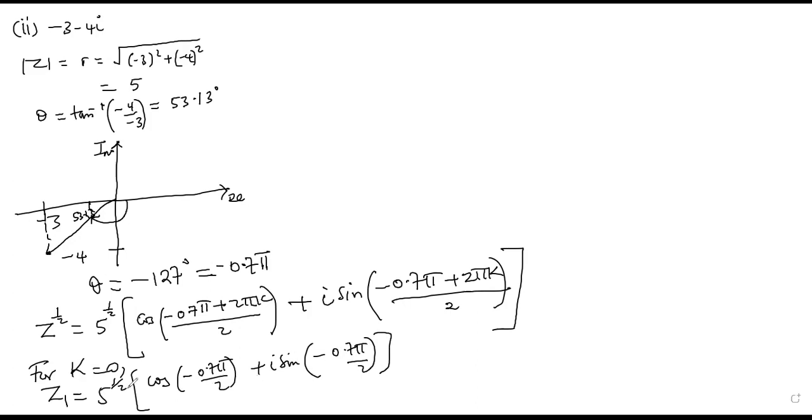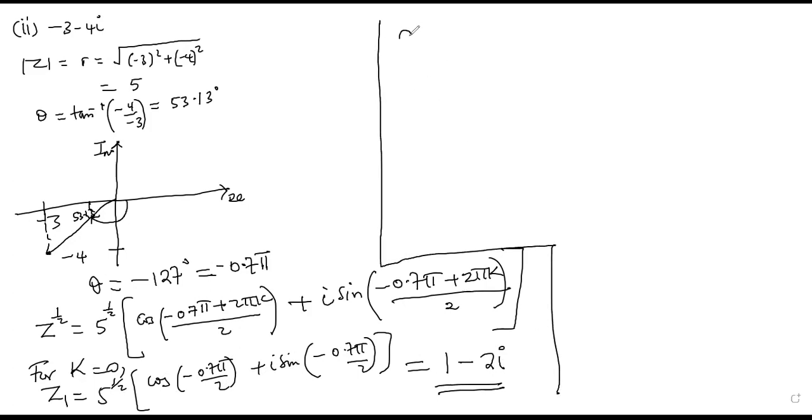Compute this, multiply by 5 power half. You're going to get 1 minus 2i. That is the first value. Then, since they need the square root, means n is 2. So for k is equal to 1, we shall get our z2.